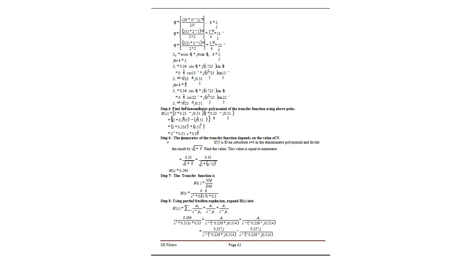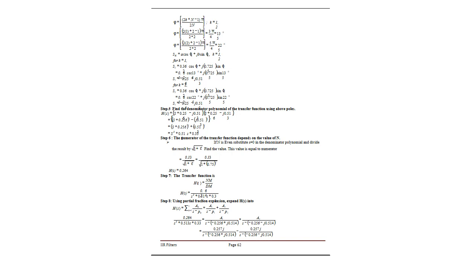Next, step 5 is to find the denominator polynomial of the transfer function using the above poles. When we multiply, we get s squared plus 0.51 s plus 0.33.